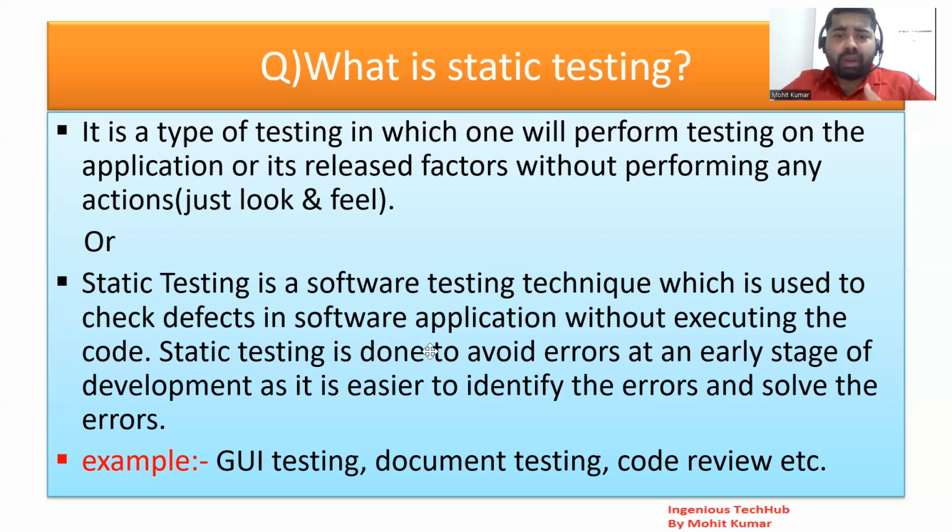So sometimes we get some review comments. At the development level, the developer has developed some code and it will go for review, and they are finding some problem or some error while reviewing that, right? So they can give you the review comment, and they can fix it at that time only. Okay. So this will also come under static testing.